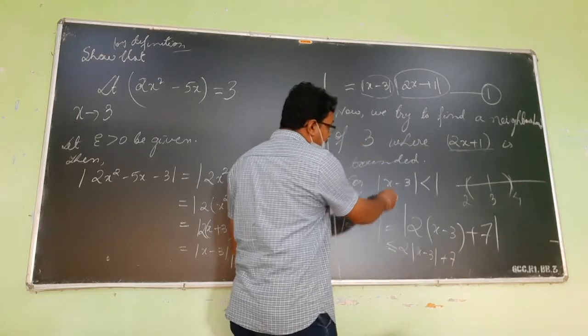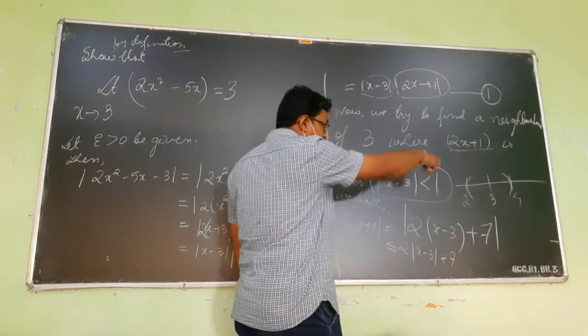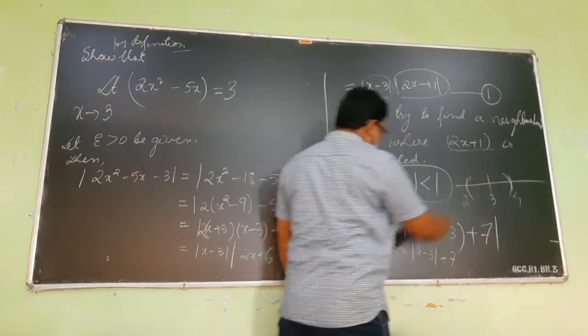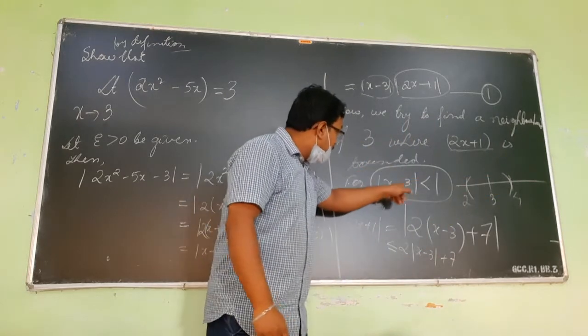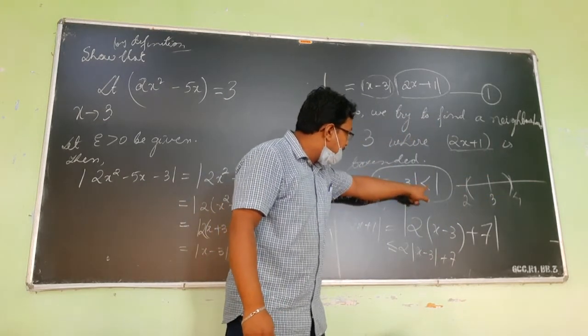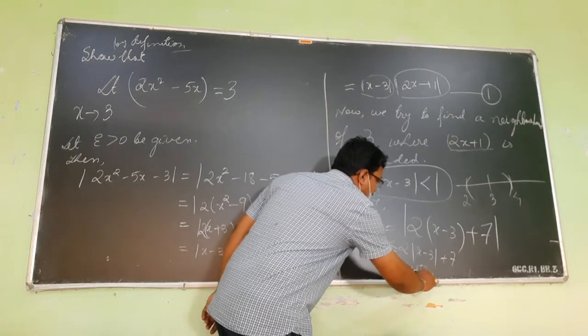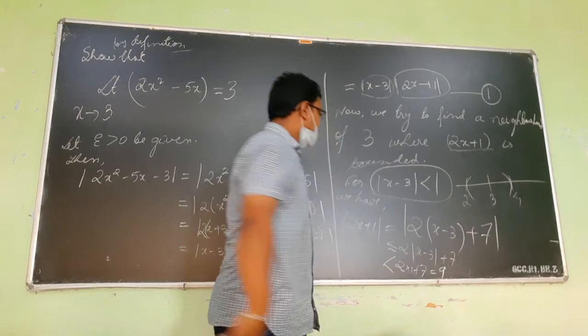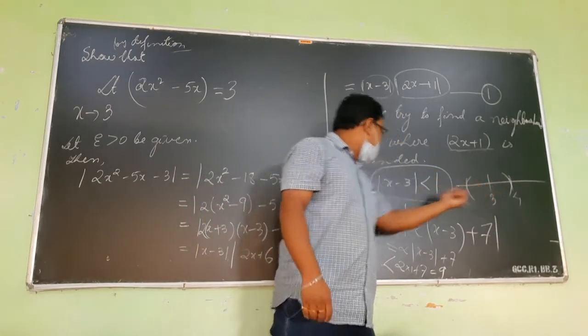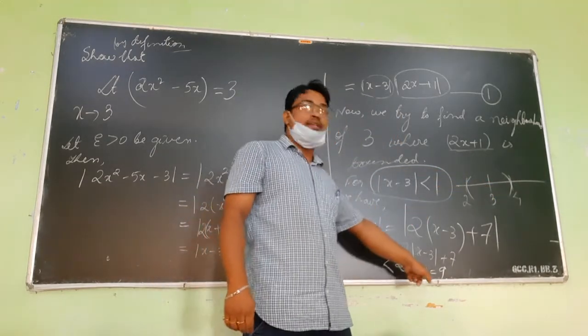But we are working in this neighborhood. So in that area, what happens to mod of x minus 3? It is less than 1. So this can be written as less than 2 into 1 plus 7, which is 9. So inside this area, this function is always less than 9.